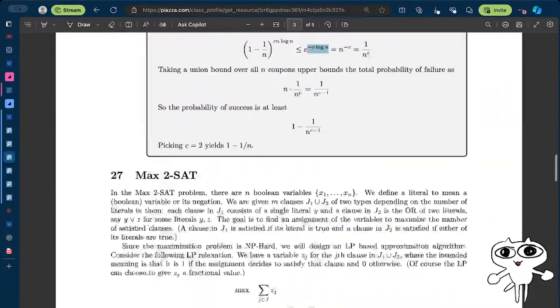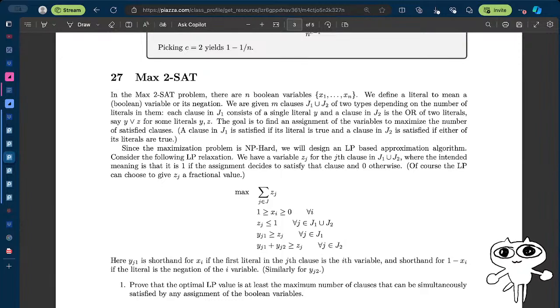I haven't ever solved this one. Okay. In a max 2-SAT problem, there are n Boolean variables x1 to xn. We define a literal to mean a Boolean variable or its negation. We are given m clauses in two types depending on the number of literals in them.